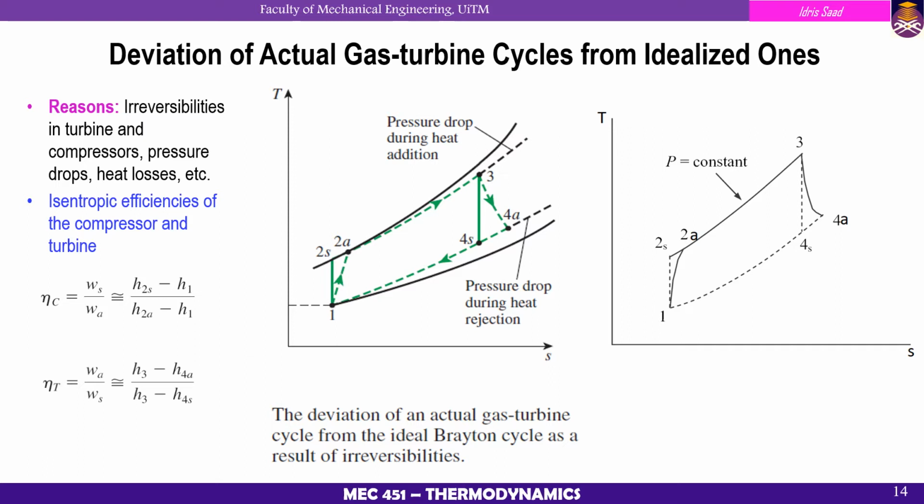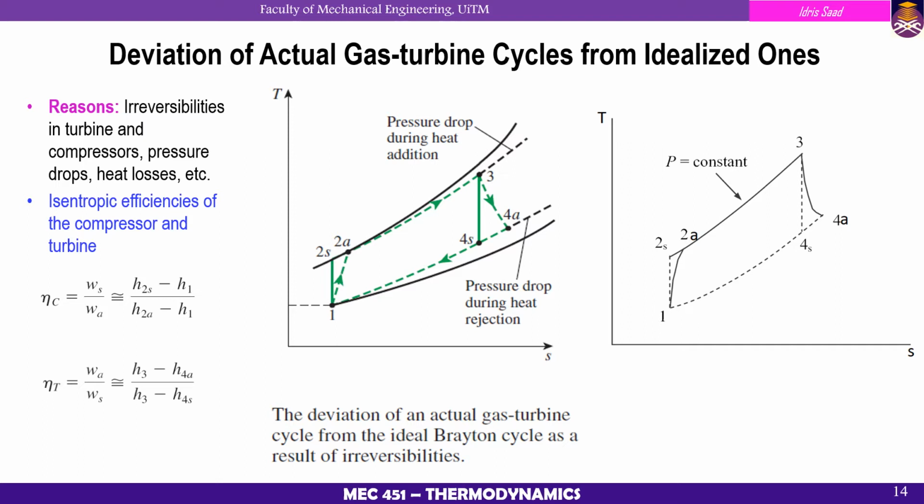That means we will now do the analysis based on the actual condition of the gas turbine cycle, which consists of the isentropic efficiency of the compressor and the isentropic efficiency of the turbine.